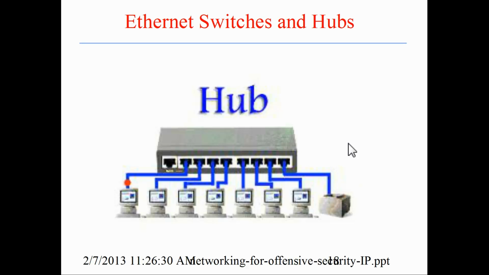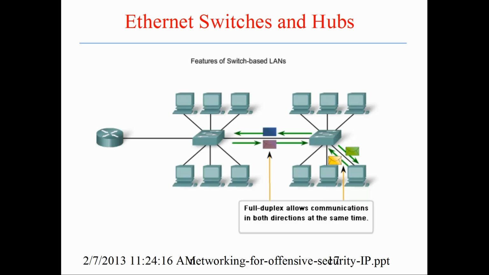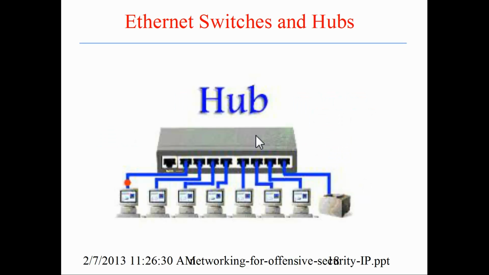So from a security perspective, a switch offers me much more confidentiality, and an attacker has to have a compromised node somewhere in the middle, say a compromised switch, in order to monitor what I'm sending. However, if I've compromised a single node on the network and it's being supported by a hub, I can view all my neighbors that are plugged into that hub as well as traffic and all their communications.